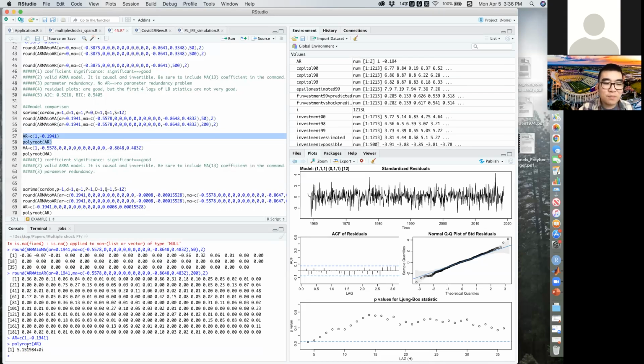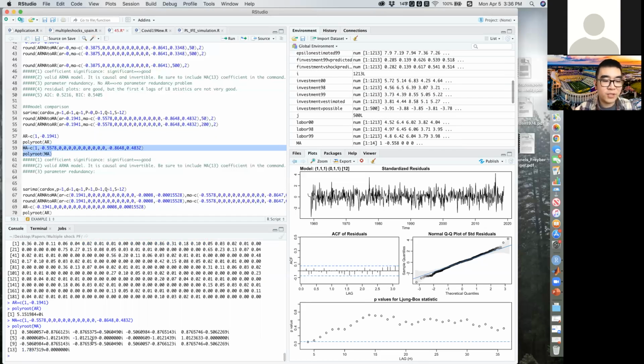The polynomial root of this AR is equal to 5.16, or I'm sorry, 5.15. And the polynomial root for this MA coefficient is this. You will see that for the MA coefficient, you need to put 10 zeros between lag number 1 and lag number 12, or maybe 11 zeros.